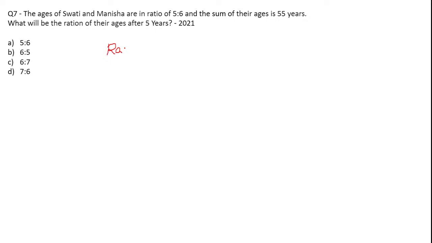All the questions which we took today are from previous years, like 2019, 2020, and this question is from the 2021 UGC-NET Paper 1. So the ages of Swati and Manisha are in the ratio of 5:6, and the sum of their ages is 55 years. Correct. So what will be the ratio of their ages after 5 years?